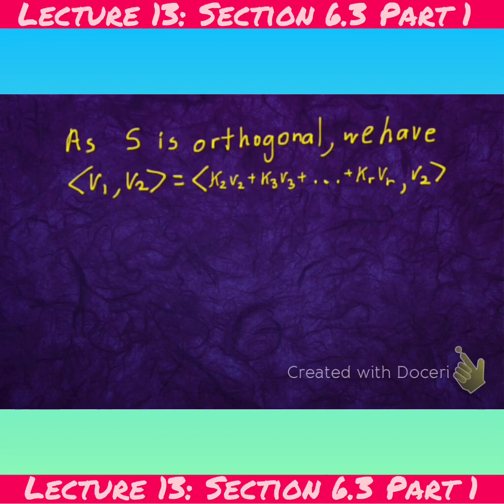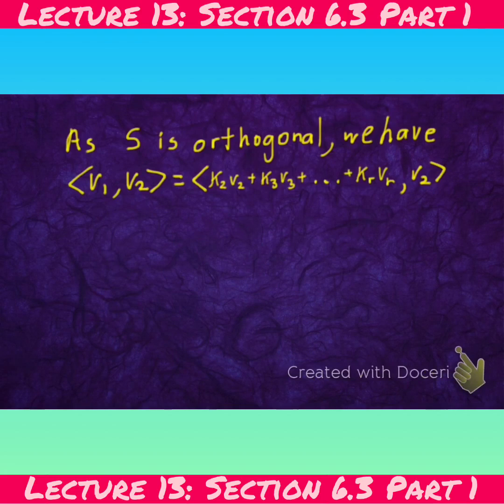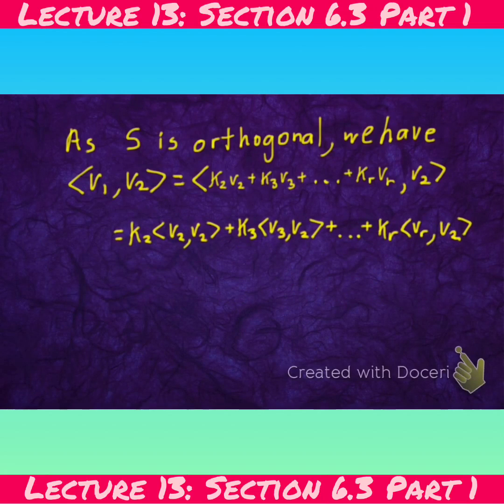Remember, as S is orthogonal, we can take the inner product of v1 with v2, and replace the vector v1 by that linear combination of vectors, because we expressed v1 as that whole vector. Using the axioms of inner products, we can then replace that with this sum.